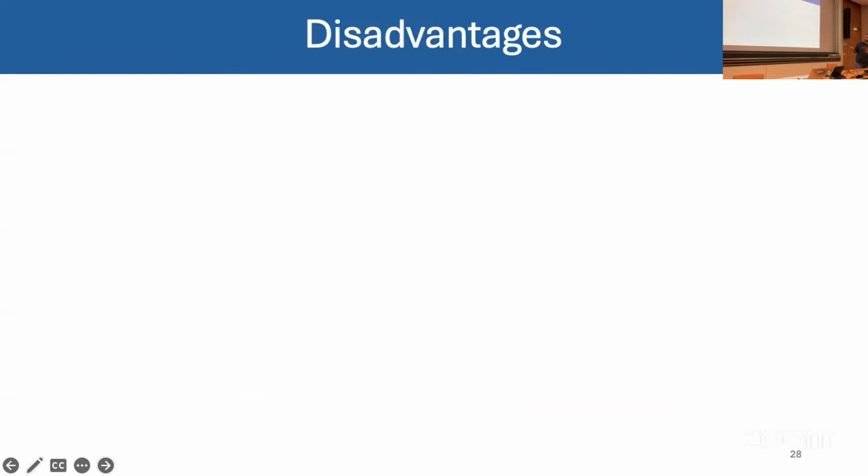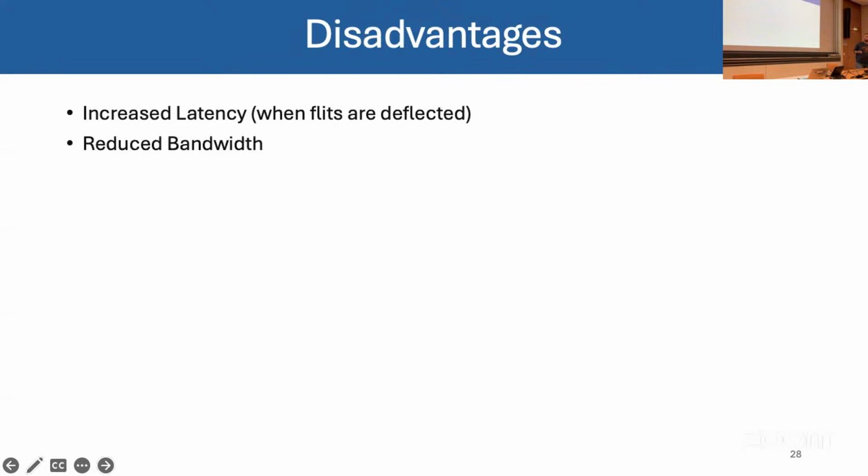But there are also several disadvantages. When we deflect the packet, the latency of a flit increases. In general, there's reduced available bandwidth, and there are increased requirements at the receiver side.